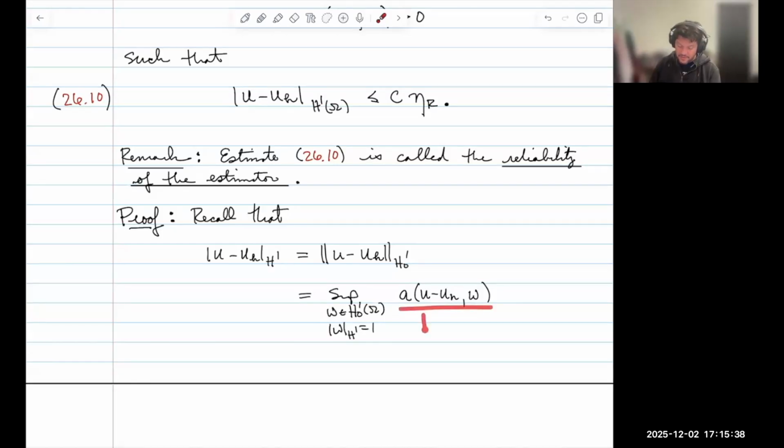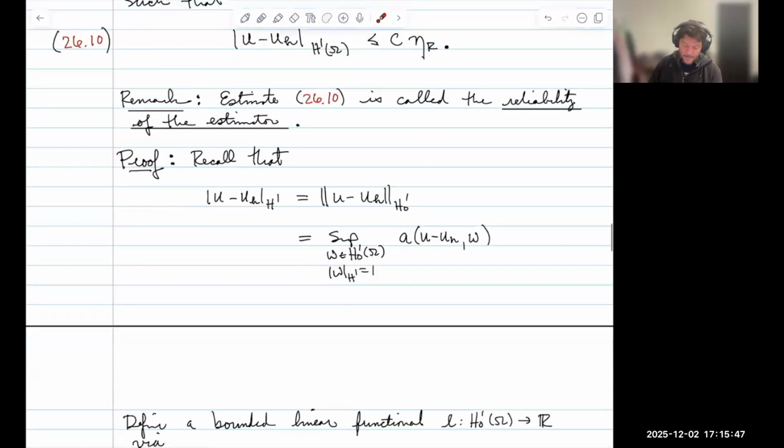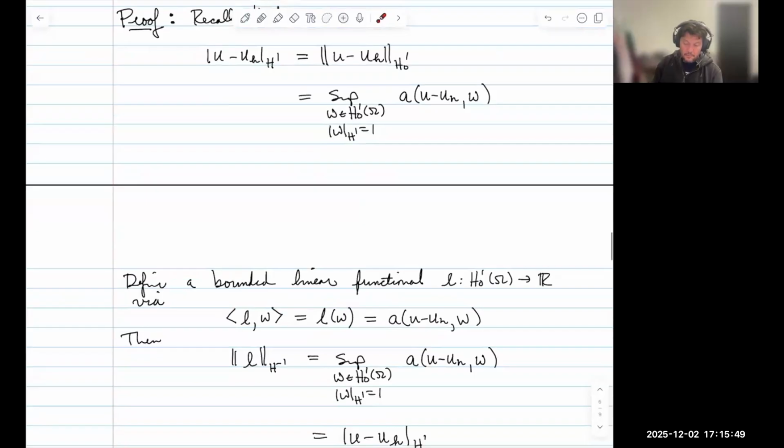The only difference is we had this guy on the bottom, but if I set that equal to 1, it goes away and it's the same idea. So this is a way of getting the norm through a supremum process of this bilinear form.